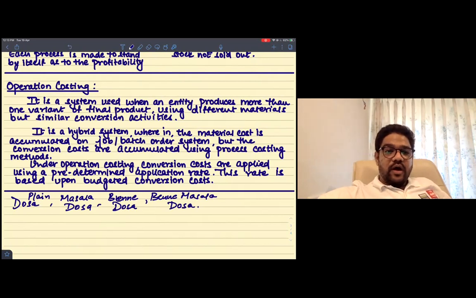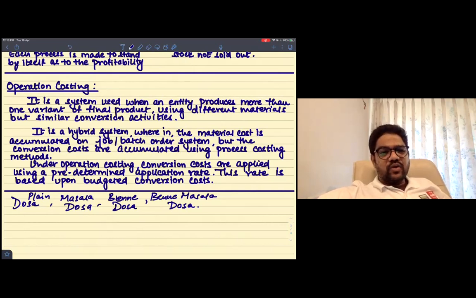Now you have the same process for almost everything. You have the same way of making the dosa, and then you keep on adding one or the other product to finish it up.